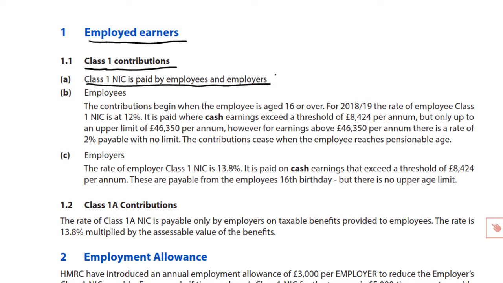It's very possible, very probable indeed, that you may face at least one of those questions in this area of national insurance contributions. Now, when it comes to Class 1, you're going to have to be very careful to interpret what they say. Are you going to be dealing with all Class 1 NIC contributions, or are you only going to be dealing with the employee contributions or the employer's contributions?